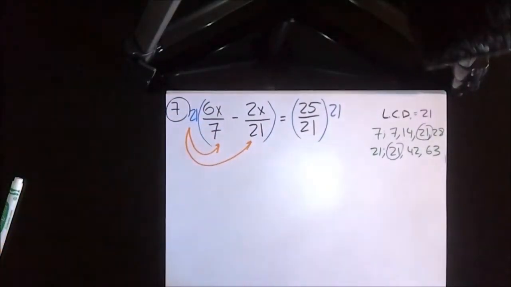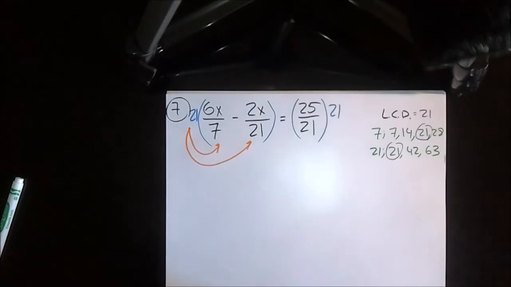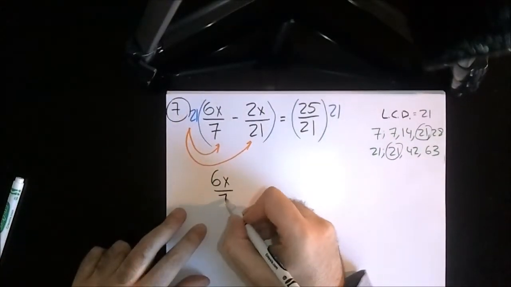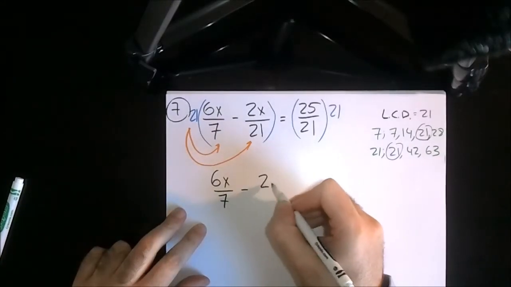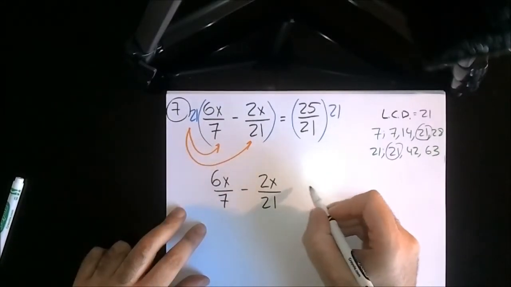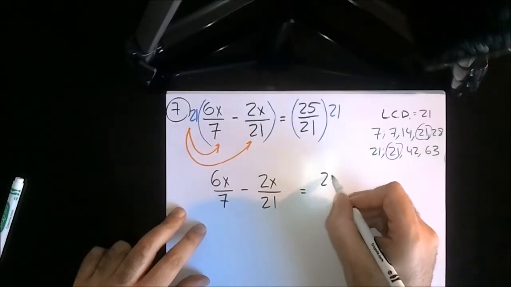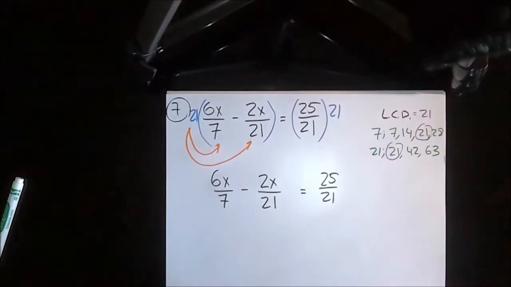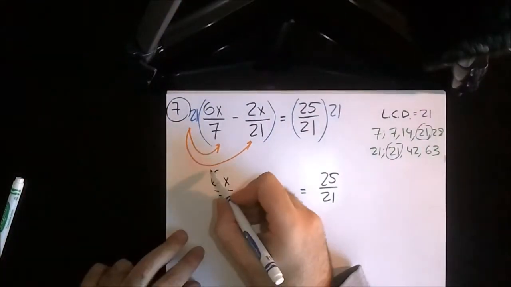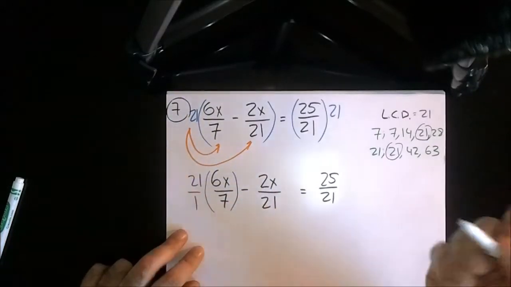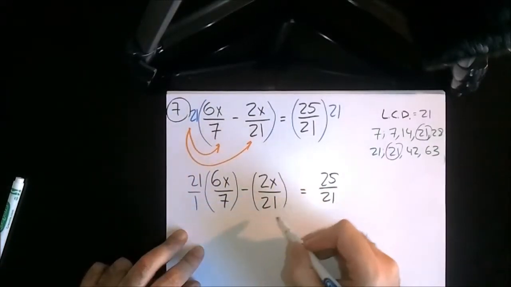First I want to distribute that 21. So I have multiply by 21, and again I can put that over 1 here if that helps you visually.